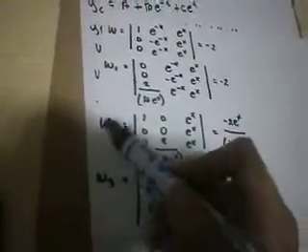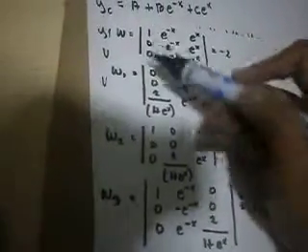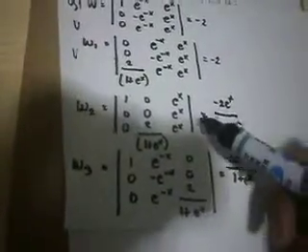Next we have w2. Just replace the second column by 0, 0, f of x and retain the original values for the first and third column. The answer is negative 2e to the x over 1 plus e to the x.